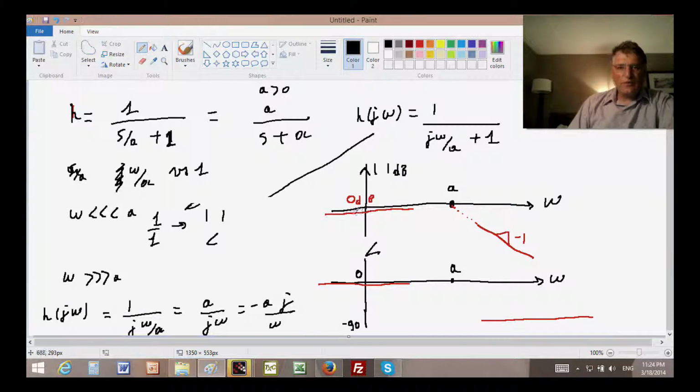Now what can we do? We have the phase and gain for high and low values of omega. One possibility is to link the two lines: this line I extrapolate this way, that line I extrapolate this way, and they meet here at what's called the breakpoint.